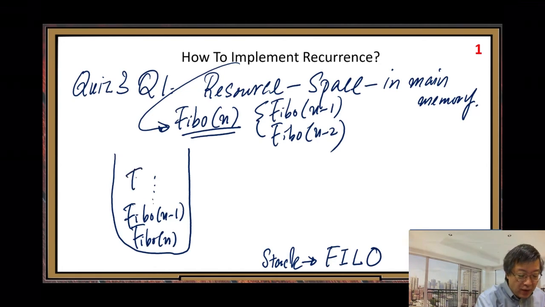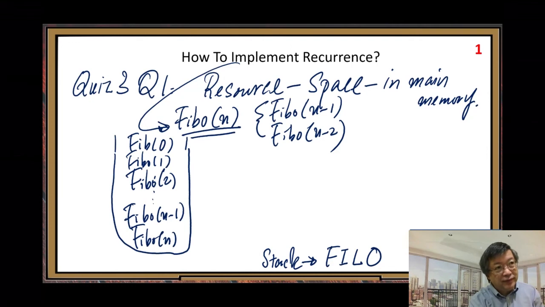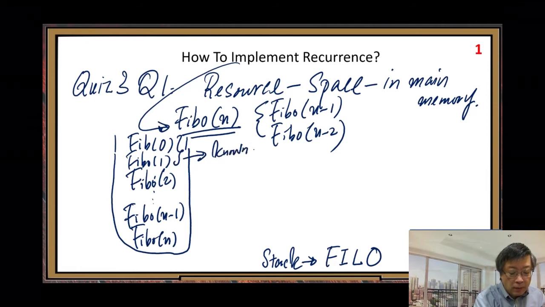So then sooner or later, you reach the top, Fibo of 2, Fibo of 1, Fibo of 0. Because these two values are known, you pop out the known values, then Fibo of 2 can be calculated.